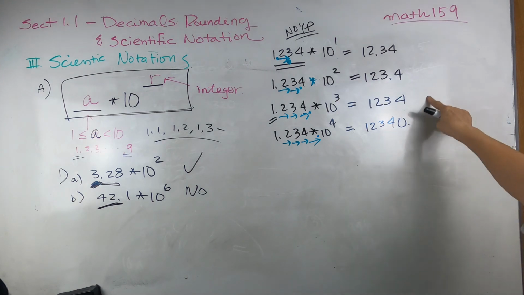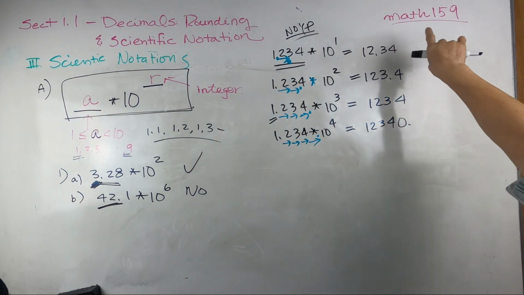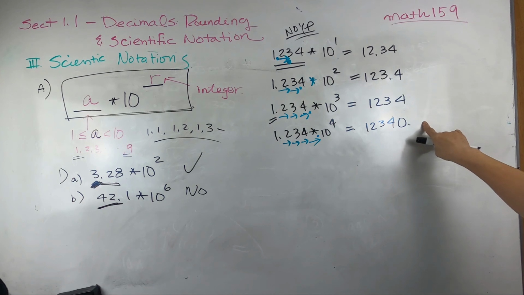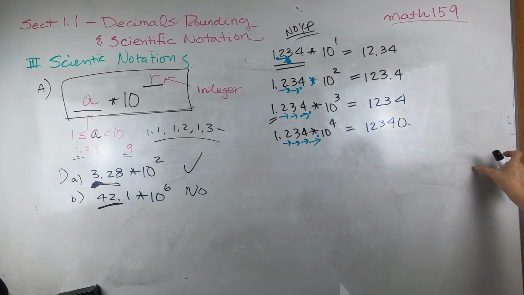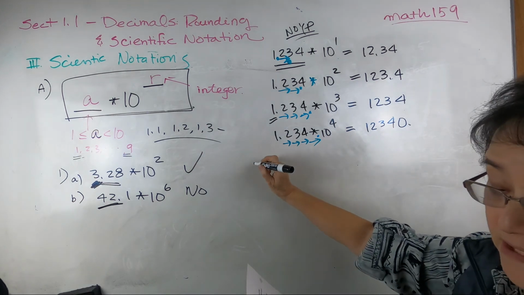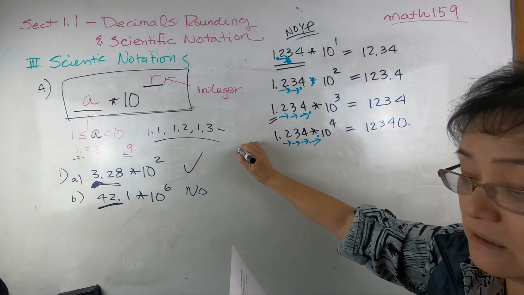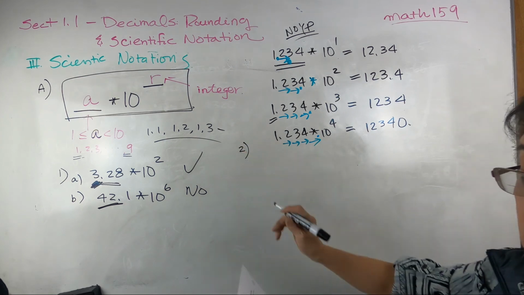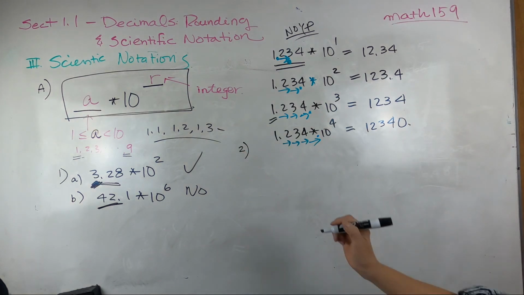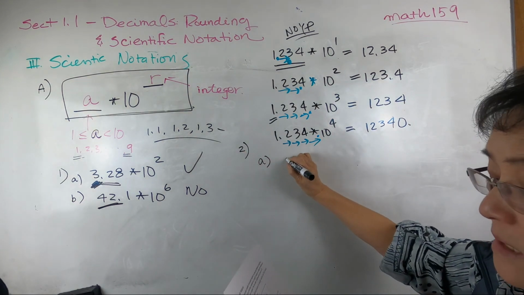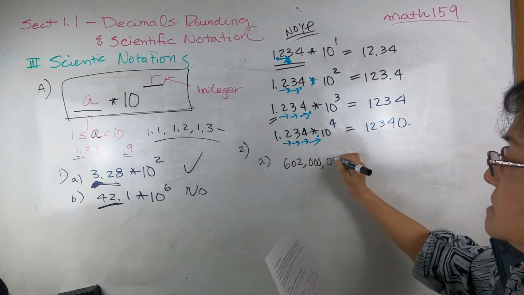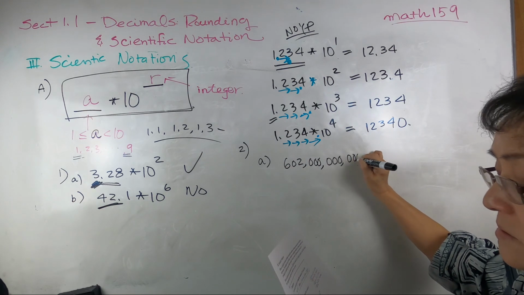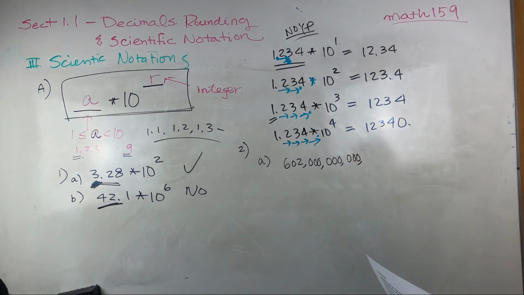Okay, so if they can show it to you, they will show it to you, but they only have 9, 10 digit places. If it's over that, like this one. Second one. Okay, so we have 602 followed by so many zeros. 1, 2, 3, 4, 5, 6, 7.